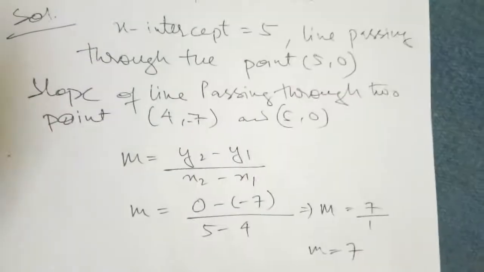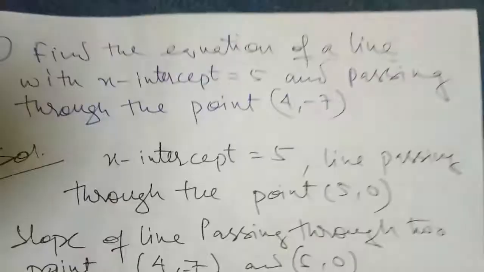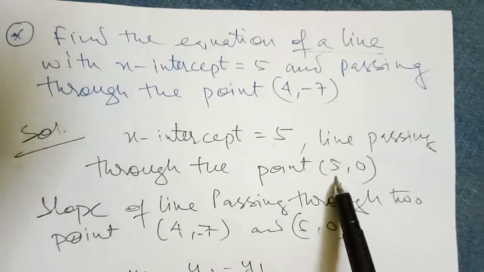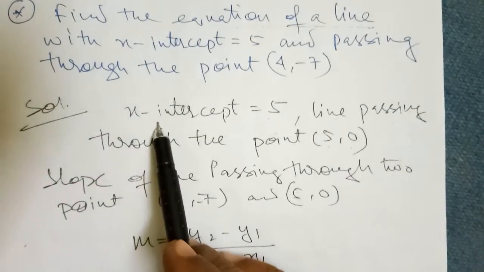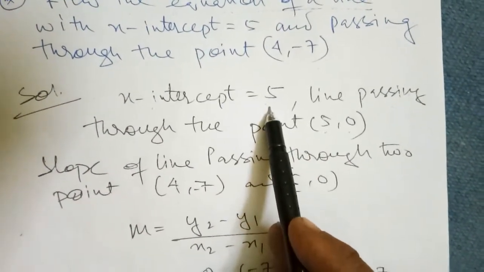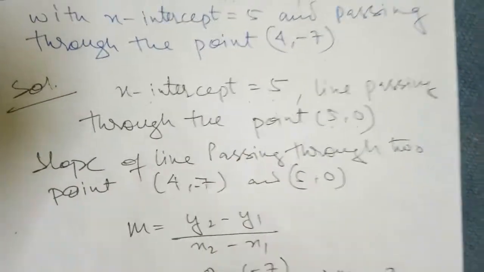Now from here, what you can say: the x intercept equals 5, so the line passes through the point 5 comma 0. Why? Because the x intercept is the point 5 comma 0.